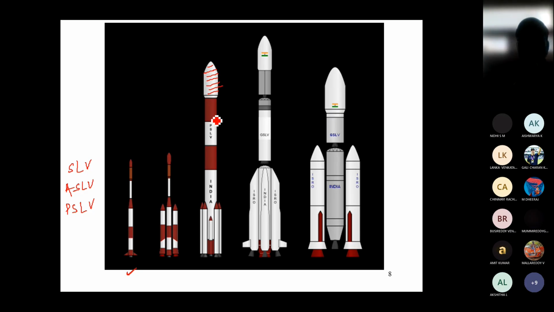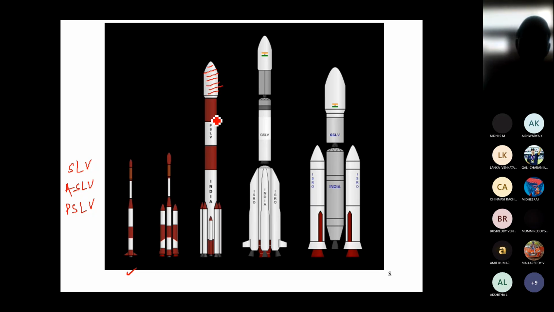So what happens when your satellite is launched? You might have observed on DD National, if ISRO is launching any satellite, it is broadcast on DD National. If you see, the satellite launches in different stages.